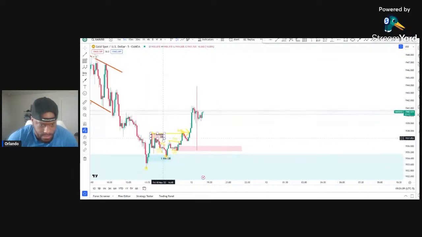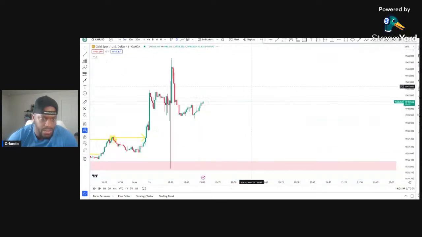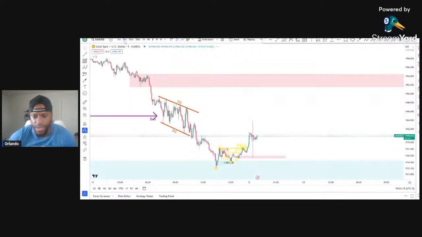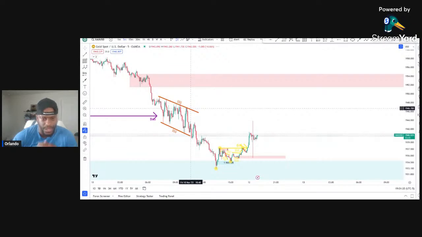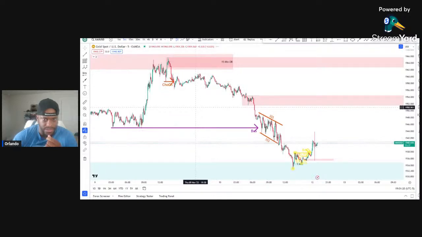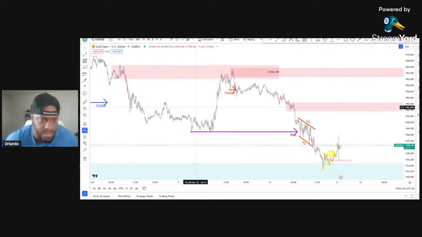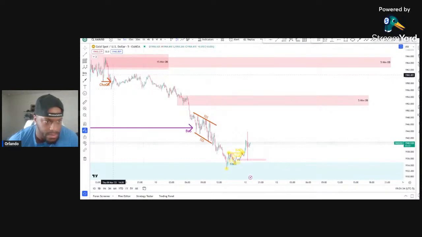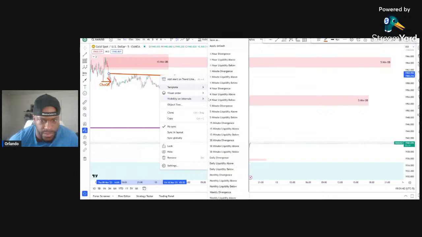So now we're looking for price to go bullish on gold. I'm not looking to take it right now because that's funky looking, but we'll see what gold does. We'll see where gold is at in the morning when I look at it. But these are our areas of interest. This right here is liquidity, 5-minute liquidity above.